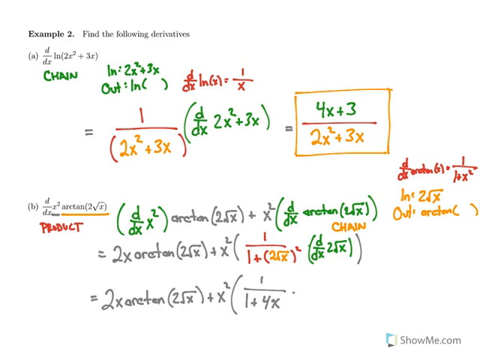Note this is the same thing as the derivative of 2x to the 1/2, which is 2 times 1/2 x to the negative 1/2. So we're going to write that as just x to the negative 1/2. We can cancel out those 2's.